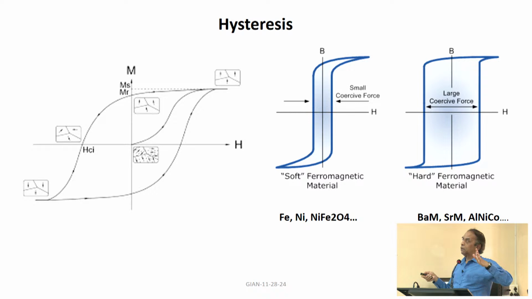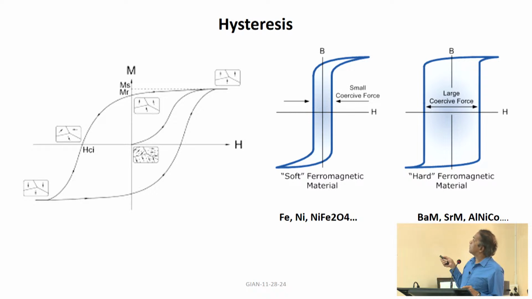That means when you want the remnant field to vanish, the coercive force is very small, and that is the characteristic for soft ferromagnets, and it is true for iron, nickel, cobalt. Cobalt is a little bit hard, but iron, nickel, permandur, these are all soft. Nickel ferrite is a soft magnetic material, and the hysteresis will look like this with a small Hc value.